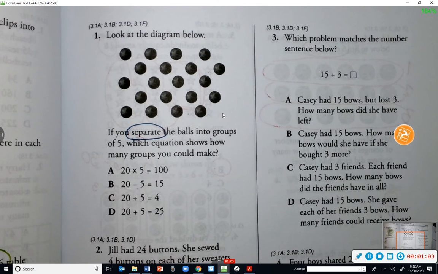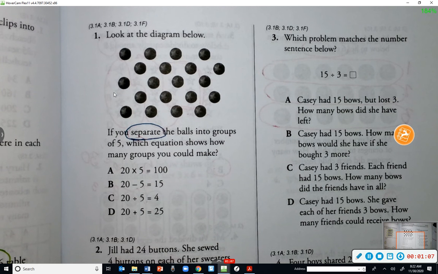Yes. It could be subtract, but repeated subtraction. Okay, repeated subtraction is the same thing as what? Now remember, if I'm repeated subtracting, that's the strategy we use for what? Division. Oh, we forgot already.